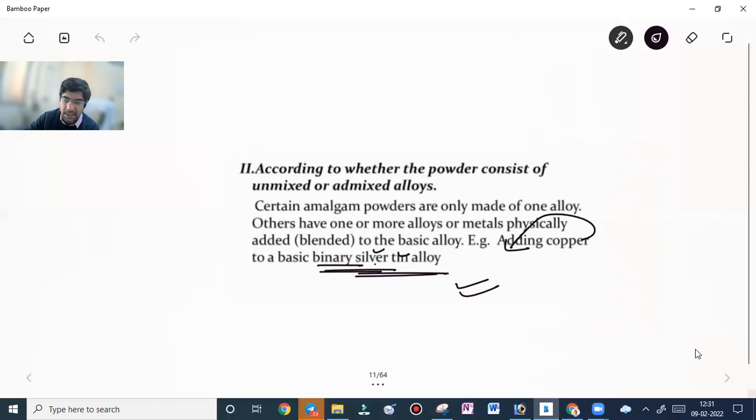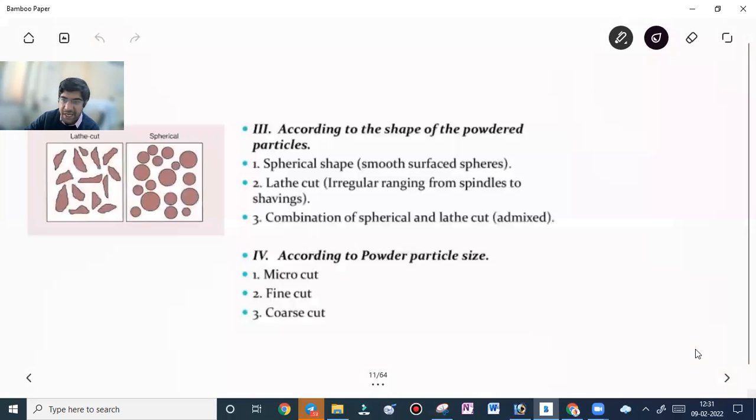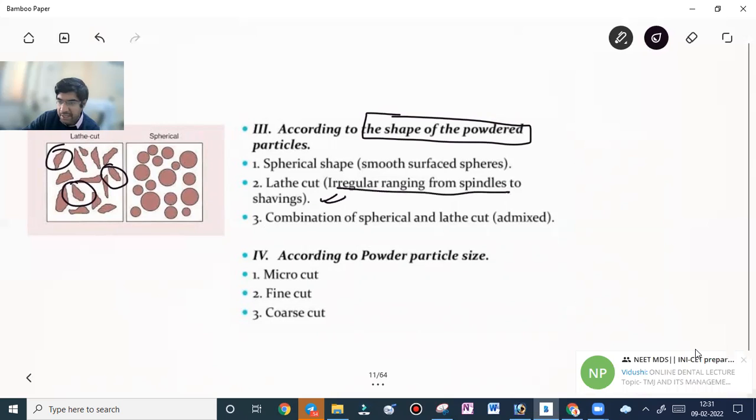Another classification is on the basis of the shape of the powdered particles. That could be lathe cut. Lathe cut means irregular in shape, ranging from spindles to shavings. The other is spherical alloys, which are smooth-surfaced spheres. And another is a combination of these two.